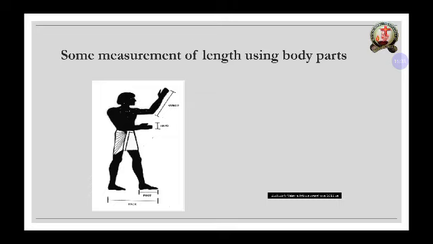So how did they build such a huge pyramid? Since they didn't have any scale, as I mentioned earlier, they used their foot or hand, the handspan, or the measurement of your hand.